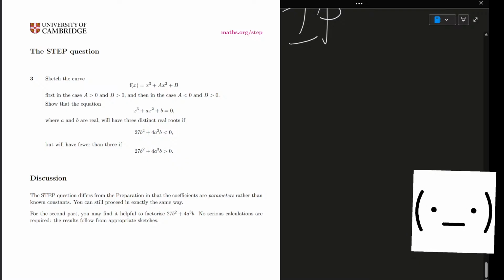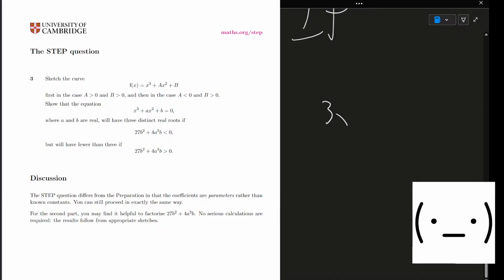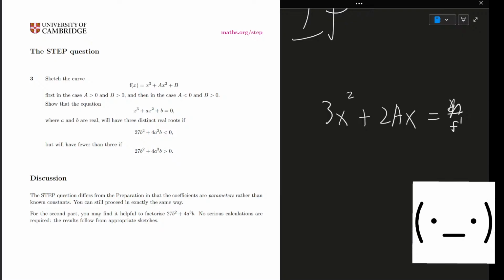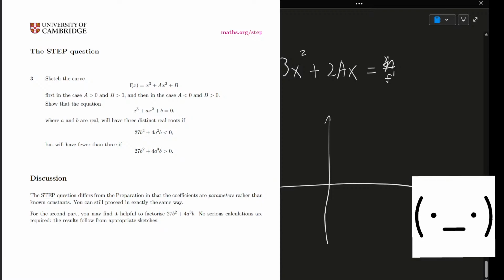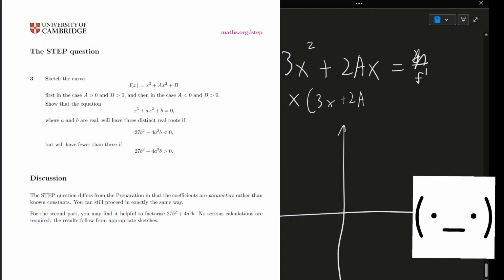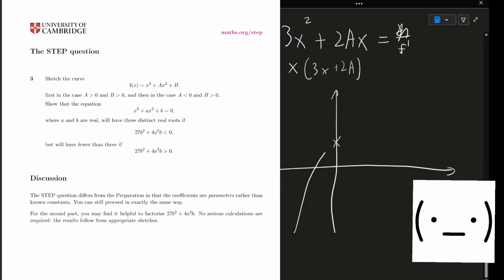First in the case. So, for one of these, like this.